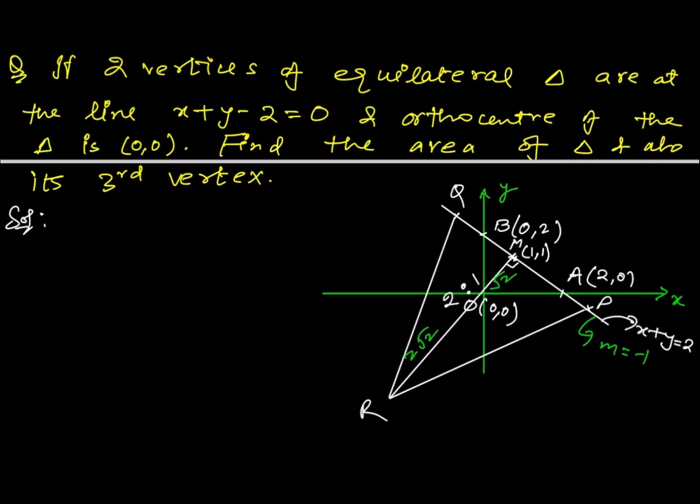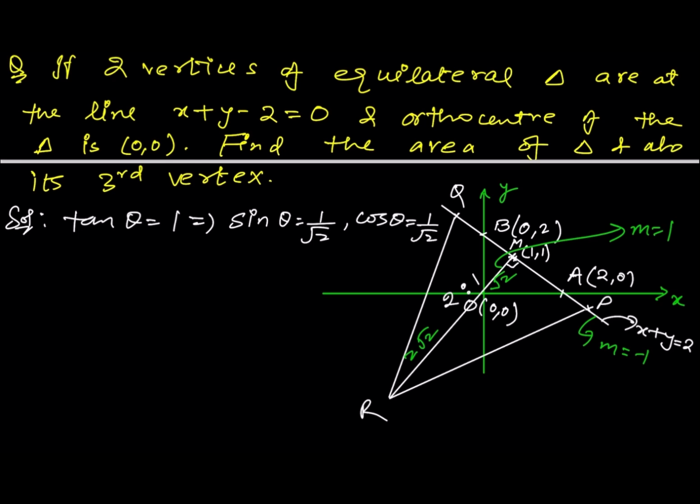So the slope of RM is 1, meaning tan theta is equal to 1, meaning sin theta is 1 by root 2, and cos theta is 1 by root 2. Okay, so RM or MR is equal to 3 root 2. M is (1, 1).